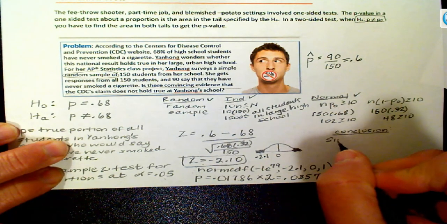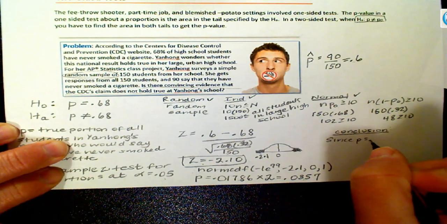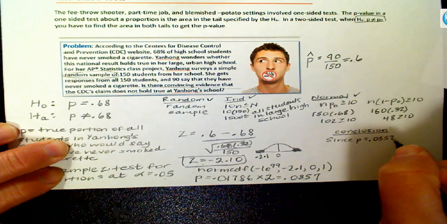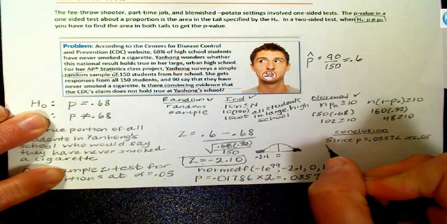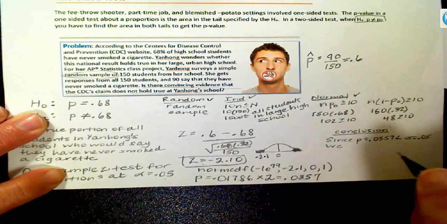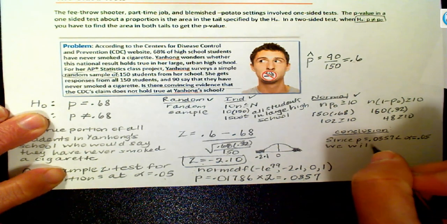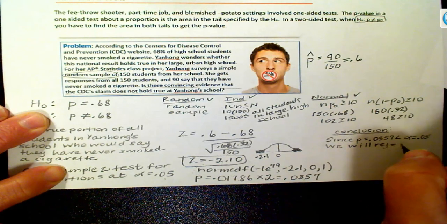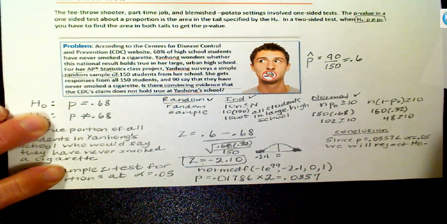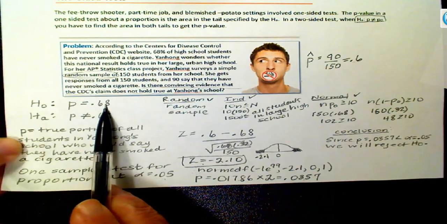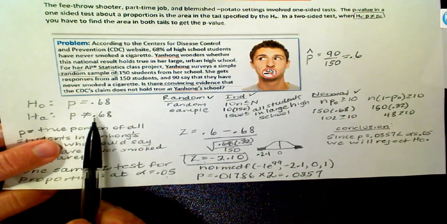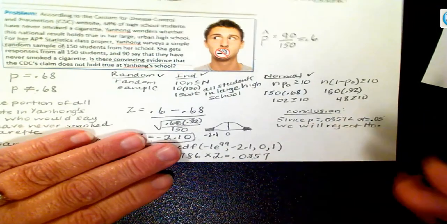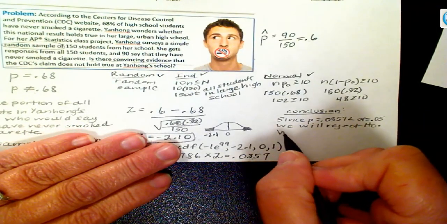We're going to say, since p equals 0.0357 is less than alpha equals 0.05, we will reject the null hypothesis. And so what does that say? If we're rejecting this, then we have convincing evidence that this is true. So we're going to say that the alternative is true.